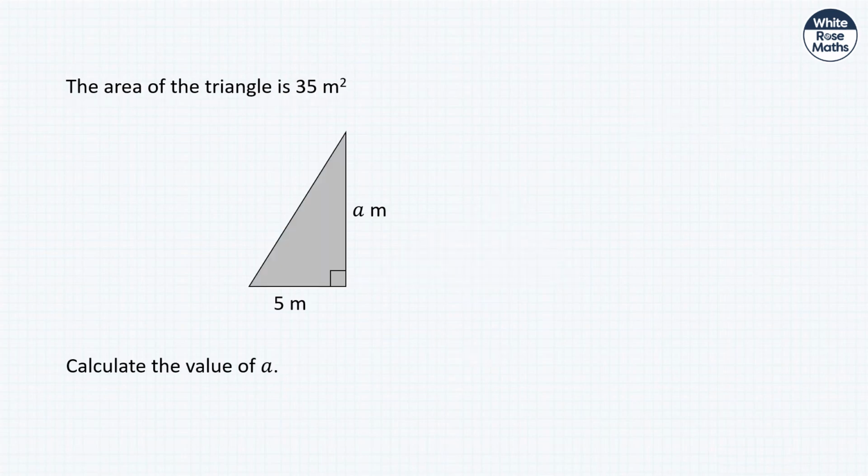This next one, the area of the triangle is 35 meters squared. Calculate the value of A. So it will be base times height divided by 2 is equal to the area, which in this case is equal to 35. So I'm going to form my equation and then solve it.